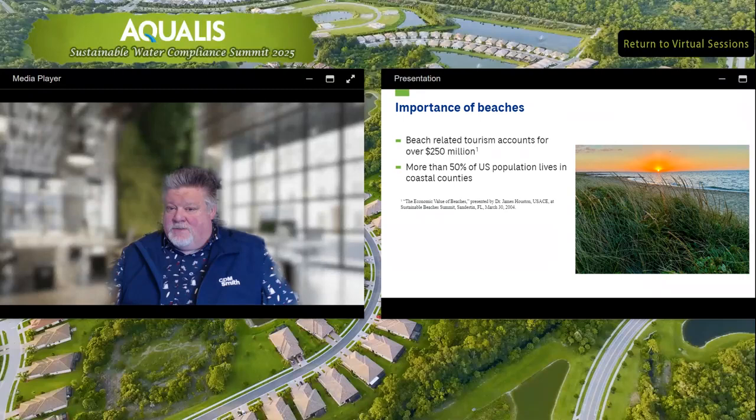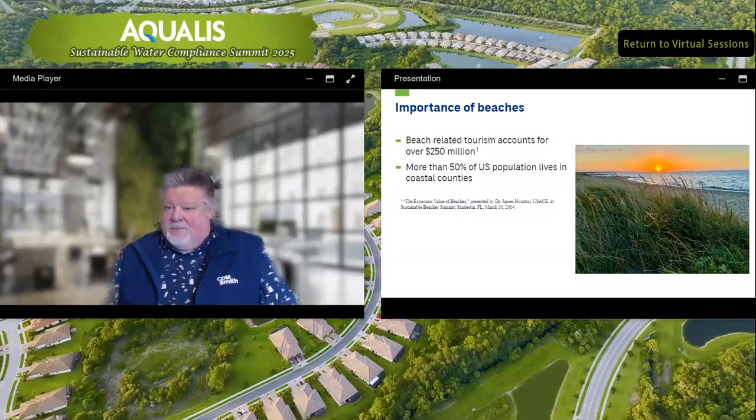The importance of beaches. This is from a 2004 report from Dr. James Houston. He's with the U.S. Army Corps of Engineers. He looks at the economic value of beaches. In 2004, there was an understanding that beach tourism was about $250 million, and greater than 50% of the U.S. population lives in coastal counties.